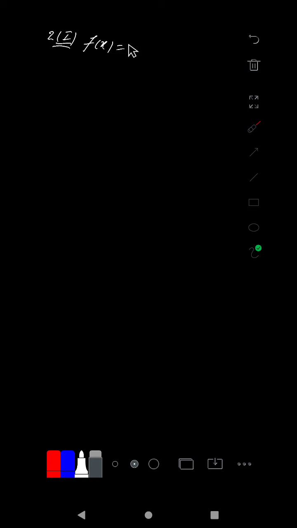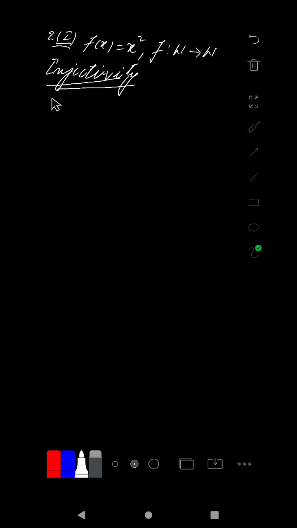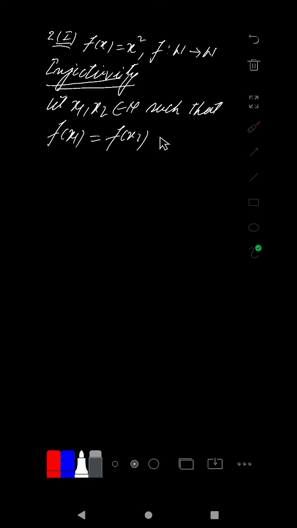f(x) is equal to x square and f is defined from N to N. So let us check injectivity of the function first. For that, we need to assume two arbitrary elements, let x1 and x2 belongs to N such that f(x1) is equal to f(x2) implies that x1 square is equal to x2 square.